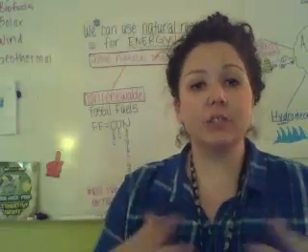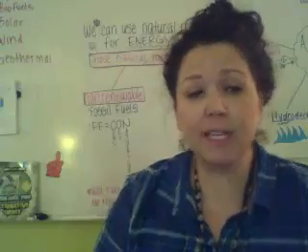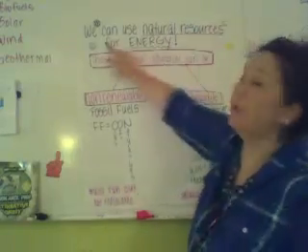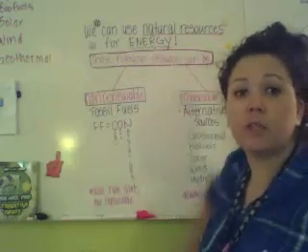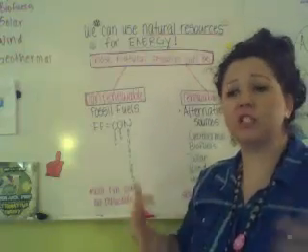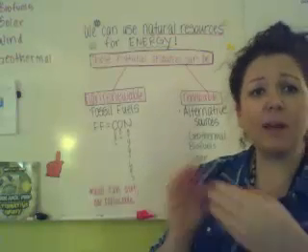Okay, so we need to remember that we're talking about our big picture here. We need to remember what our big picture is, okay? And our big picture is how we can use natural resources to provide us with energy. And when I say energy, remember we've talked this year about so many different forms of energy.